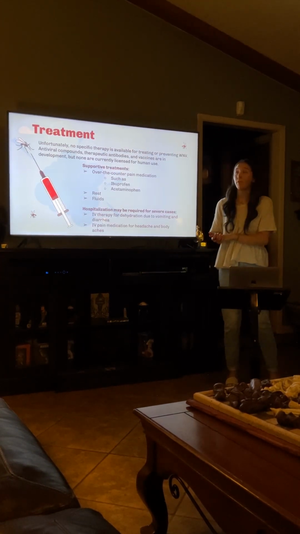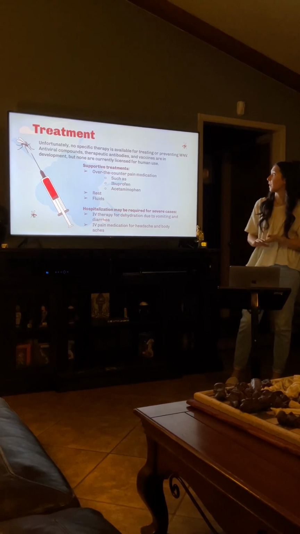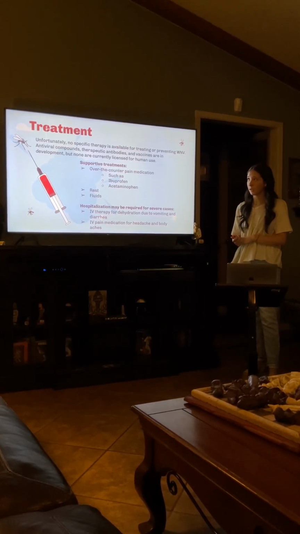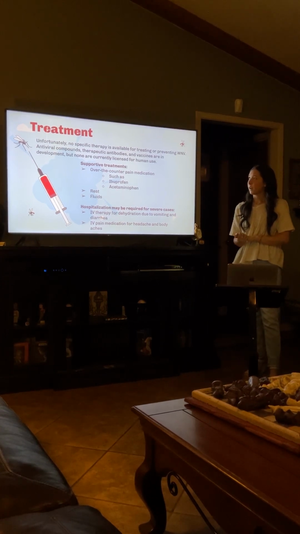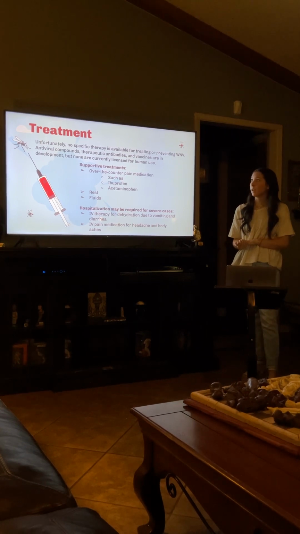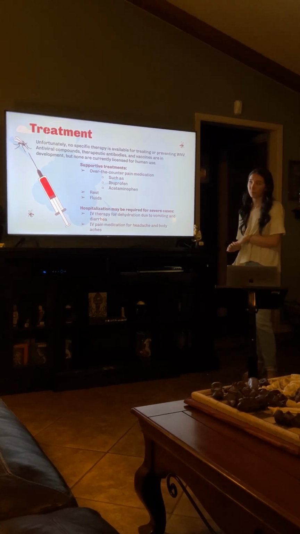For treatment, unfortunately, no specific therapy is available for treating or preventing West Nile virus, but antiviral compounds, therapeutic antibodies, and vaccines are in development, but none are currently licensed for human use.